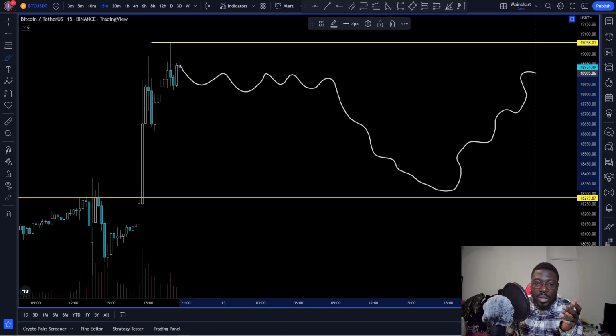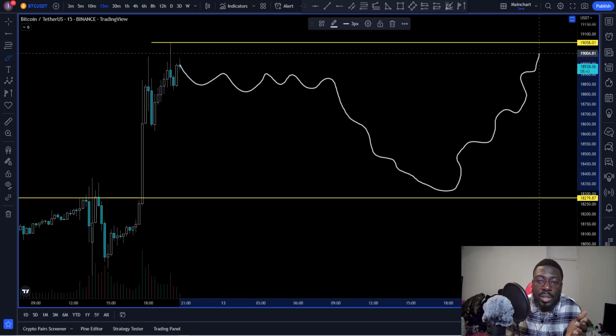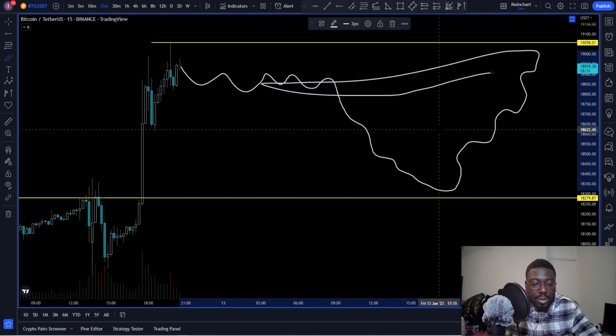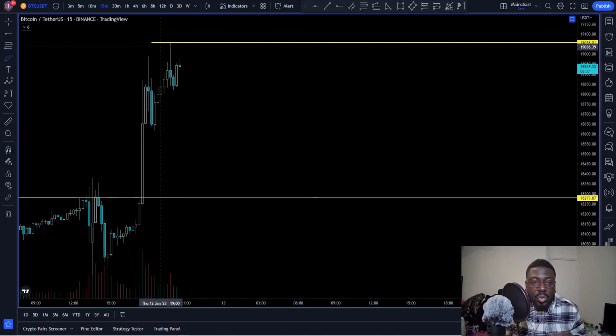The moment we are beginning to come back here, this is the moment you need to start paying attention to this previous high.